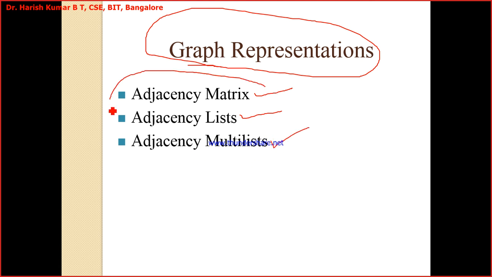These are the three ways in which you can represent graphs. Both undirected and directed graphs can be represented using all these representations.